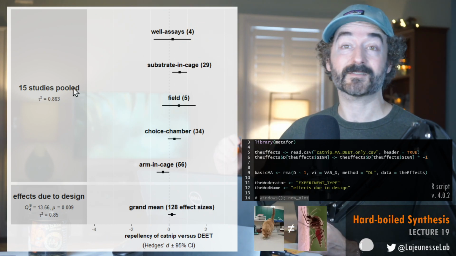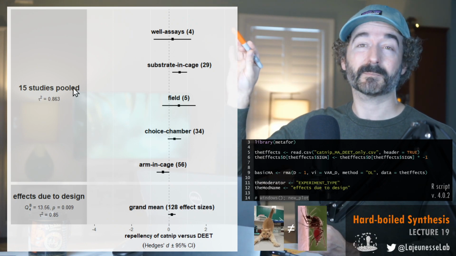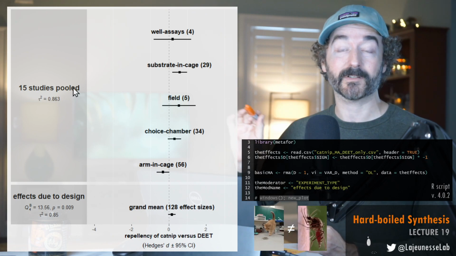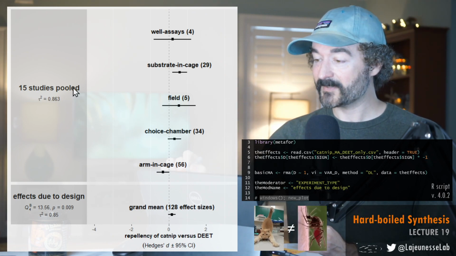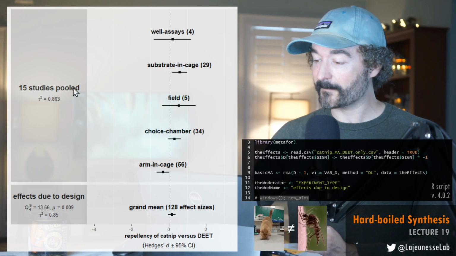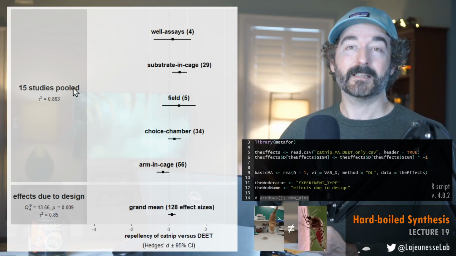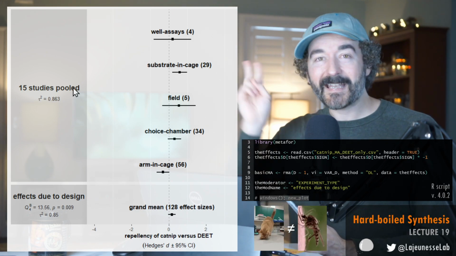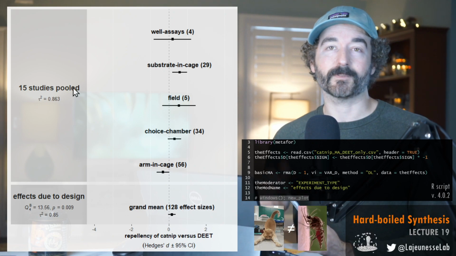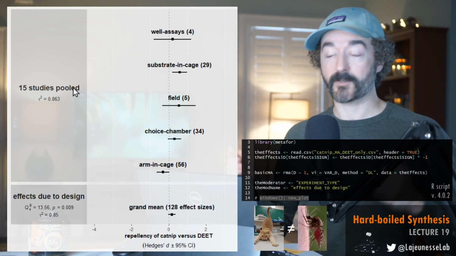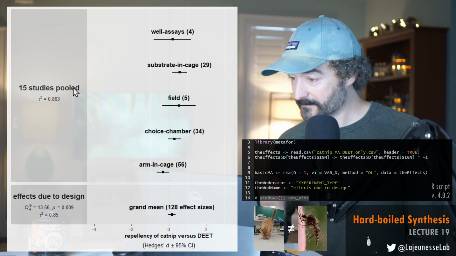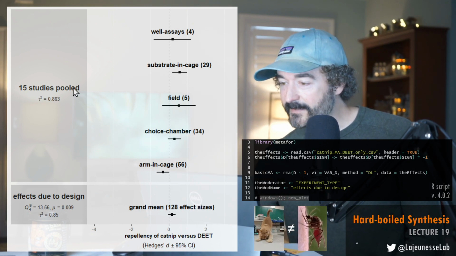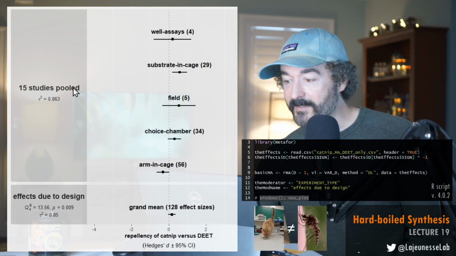It's an omnibus test, so if any one of the pairwise comparisons between the groups differs, it flags it. We have 5 groups, so potentially many contrasts among them. And it's saying there is a difference. Just eyeballing it, I could say the substrate in cage trials probably differ significantly from the arm in cage trials.